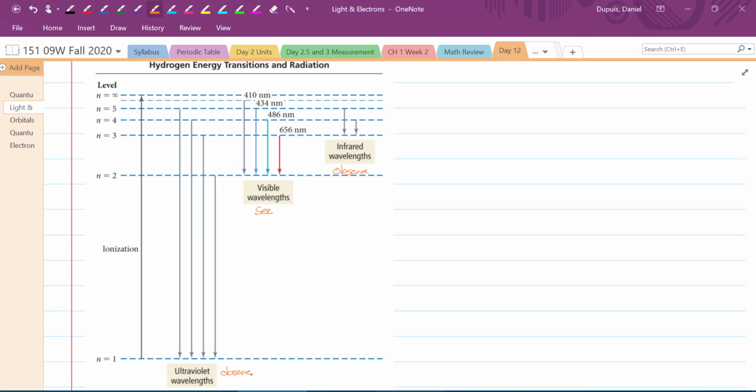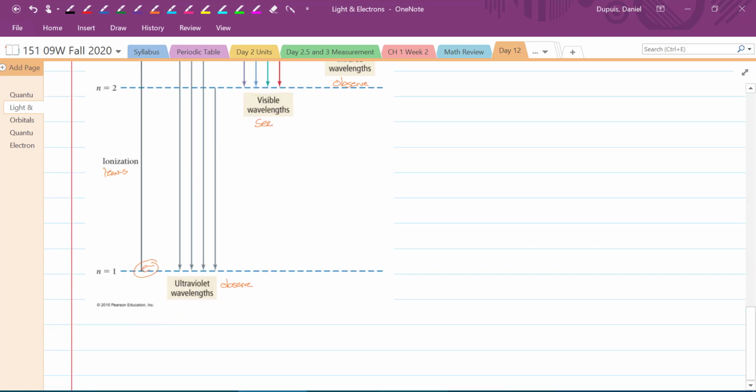There are ways to see things that we can't see with our eyes, and same thing here. So we got ionization, where the electron leaves. The electron's gone. But for excitation, I can go all the way up to n equals 6, maybe even 7. And there's infrared ones, there's the visible, the ultraviolet, they all exist, because there's a big gap from n equals 1 to n equals 2.